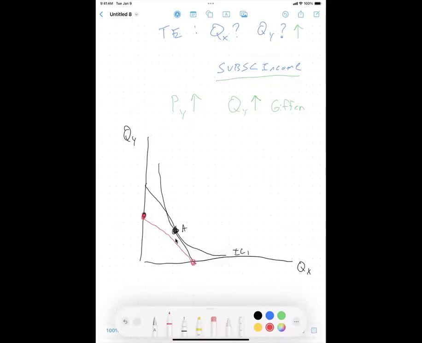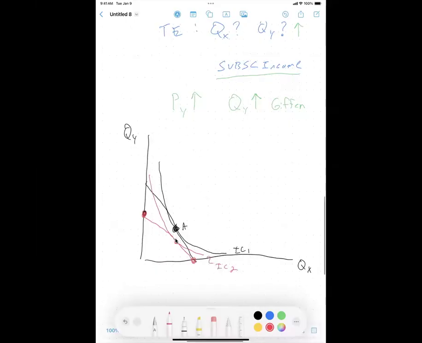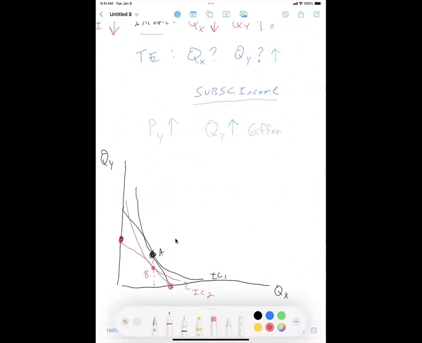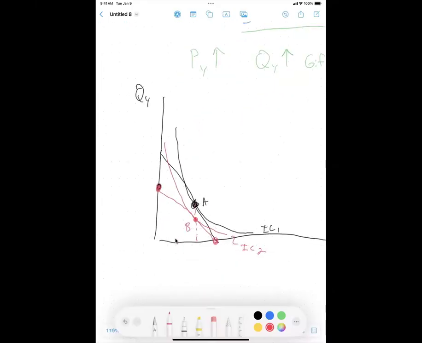So what could happen is that new point, where my new budget constraint, the point where I'm maximizing utility. Notice what has happened. That total effect, moving from point A to point B, I've actually bought the same amount of good X, because that change can be indeterminate. However, I've bought less of good Y, right? Which in this case would tell me this isn't a Giffen good, right?